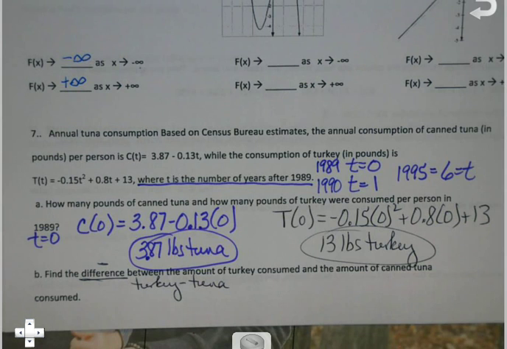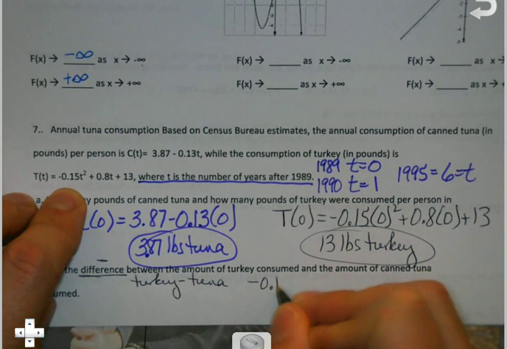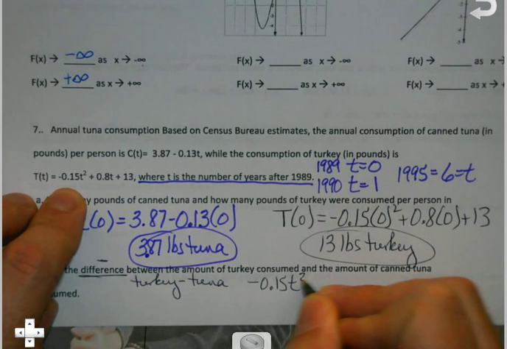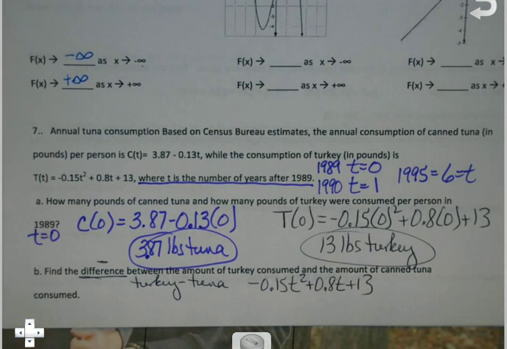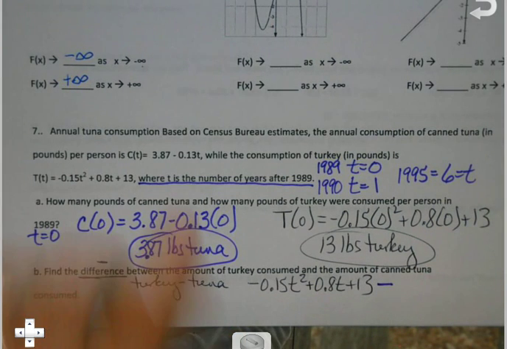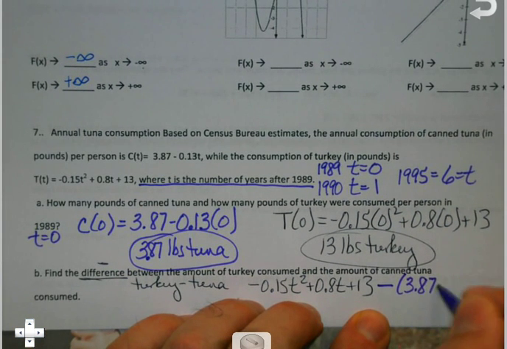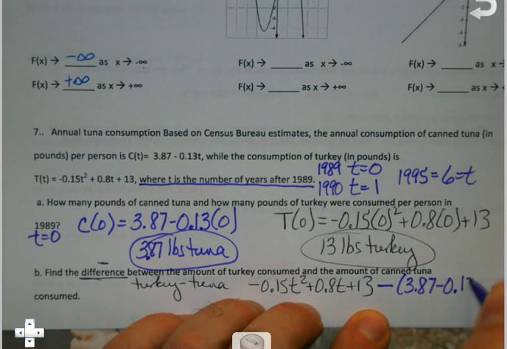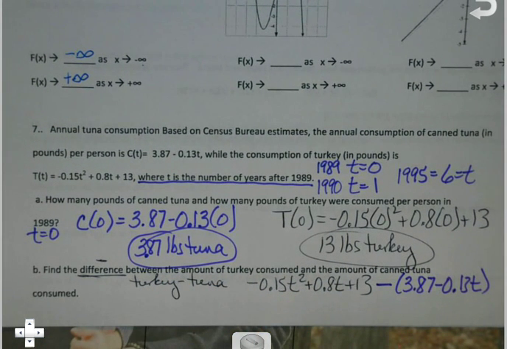So I go, okay, my turkey expression is right here. But then I want to minus my tuna expression. And I want to use the parentheses because I'm subtracting the entire quantity. I'm subtracting the 3.87 and the 0.13.